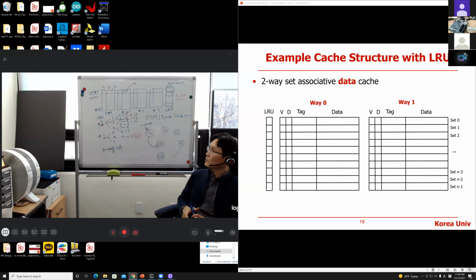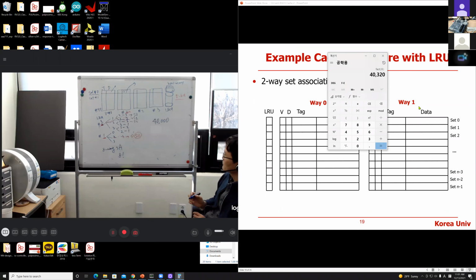What is 8 factorial? 40,320 cases, right? Then how many bits do you need to implement LRU? Roughly 40,000 cases.